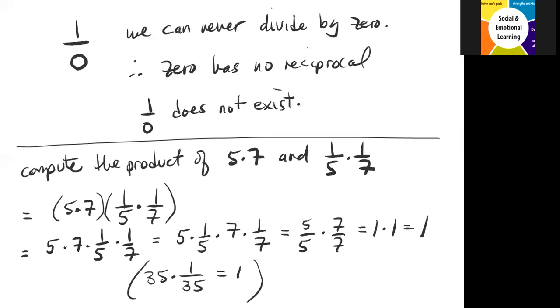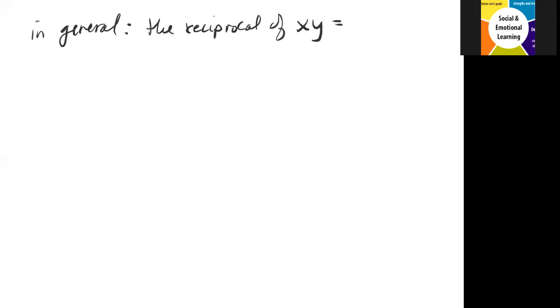In general, just going to save my slide here. In general, we say that the reciprocal of xy is 1 over xy. So you can take the reciprocal of anything.